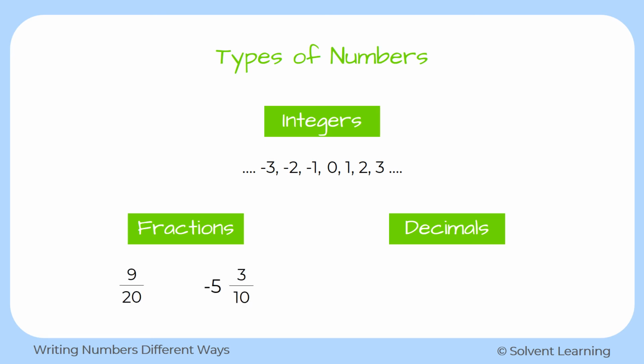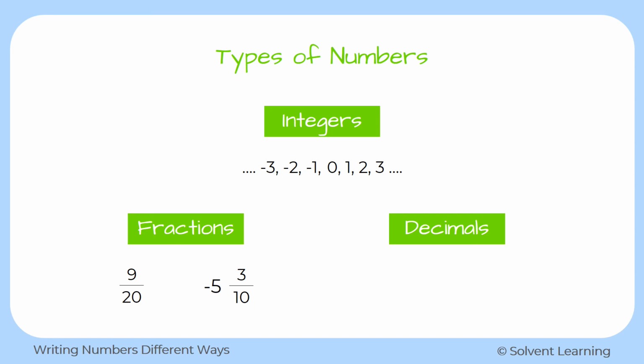And here we can see we have 9/20 as a fraction, and we have -5 and 3/10 as a fraction. So some fractions have an integer part and a fraction part right next to it. Just like we see here, the -5 is an integer and the 3/10 is the fraction part. But all together they make up a mixed fraction.